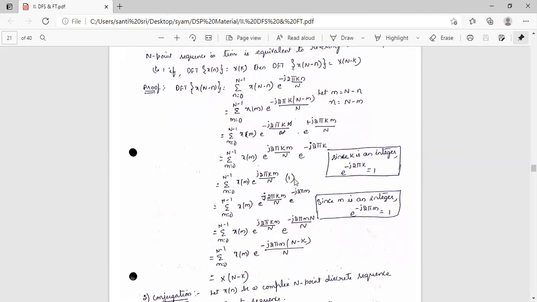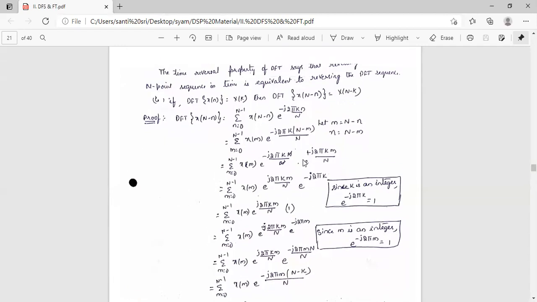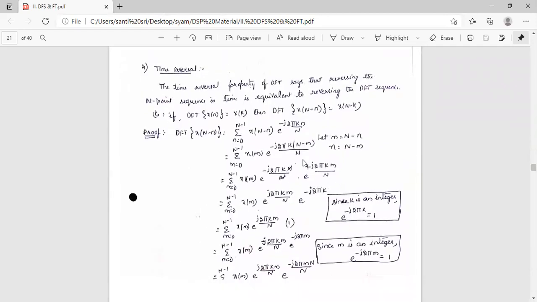Here this 1 can be replaced by e power minus j 2 pi m, since m is an integer, e power minus j 2 pi m is equal to 1. Divide and multiply this by N, so N by N, so that we get X of N minus k. So this is the time reversal property of DFT.